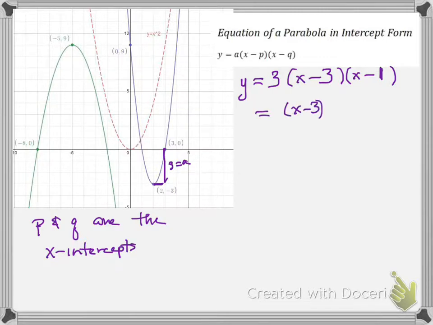x minus 3, x minus 1. Don't know the a value. And I could say, instead of x, I'll take some point I know that's not the vertex. I'll take 3, 0. I'll put in x equals 3, y equals 0.